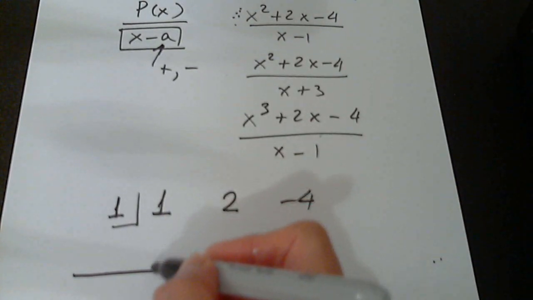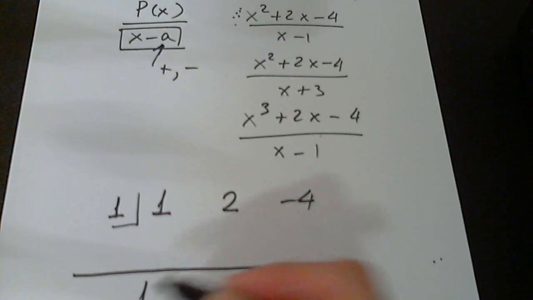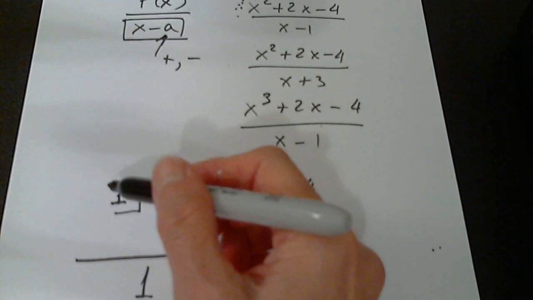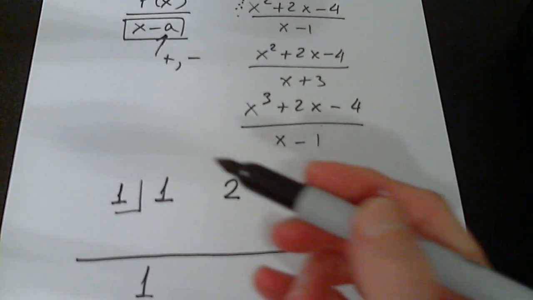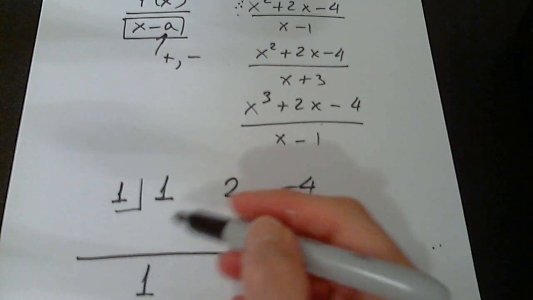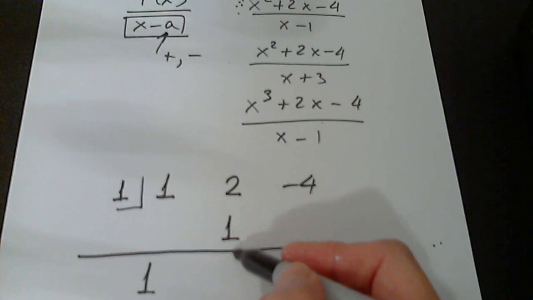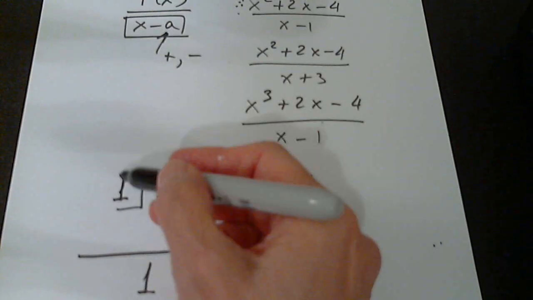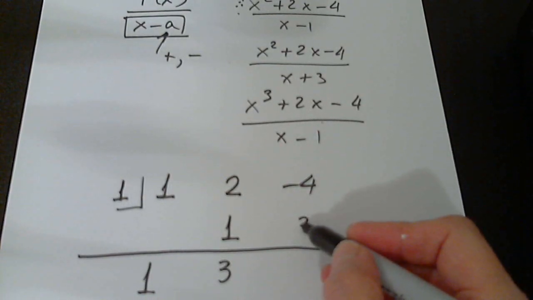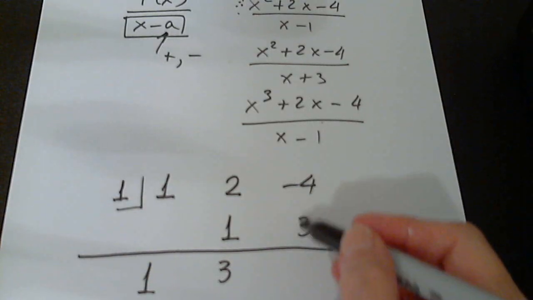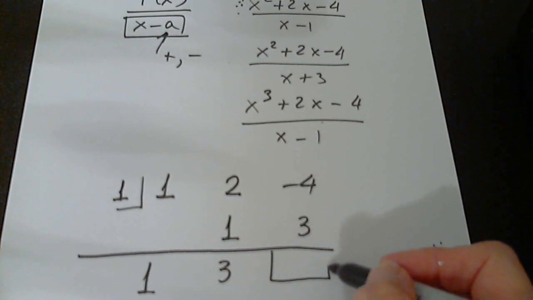I always copy the first coefficient. And I perform the operations as follows. 1 times 1, and I write above the line. Perform the operations I see. 1 times 3, and I write above the line. Perform the operations I see and box in.